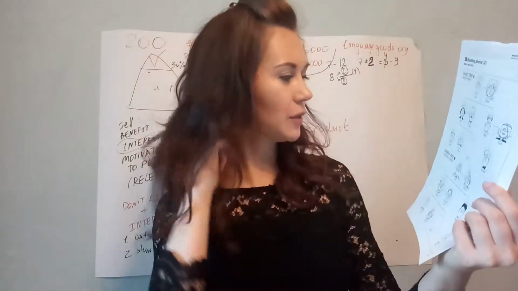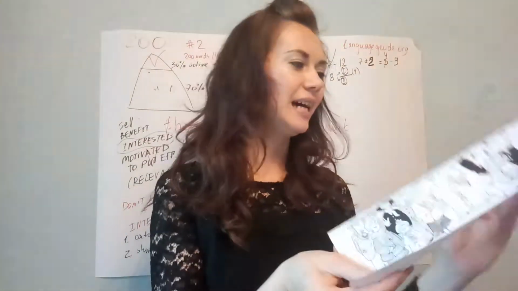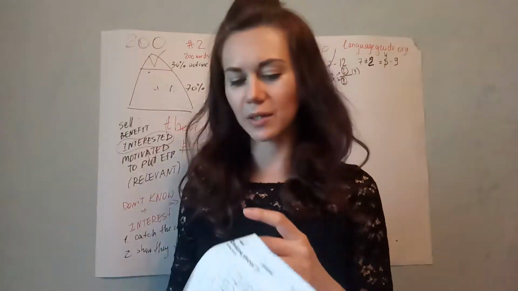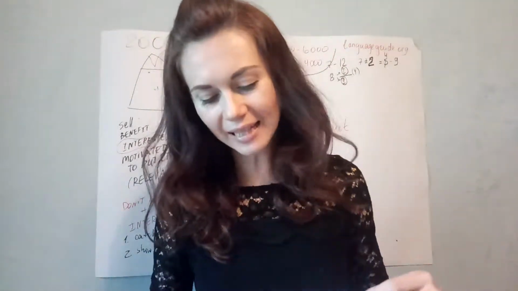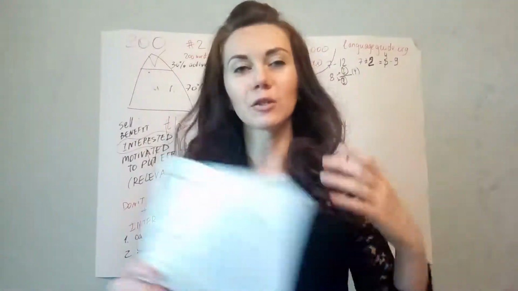For example, you cut a photo out into pieces, and you have to name the bride's family and groom's family on their mutual photo. Your students do that in pairs or in small groups, and this way they practice using relatives.